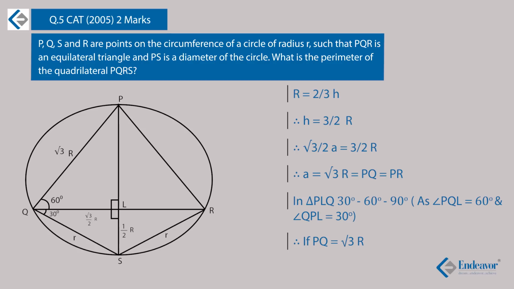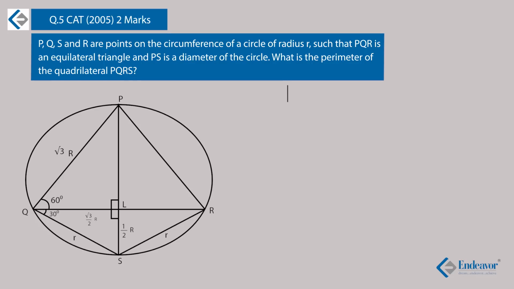We know that in a 30, 60, 90 triangle, the sides are in the ratio of 1:√3:2, and as PQ is √3r, therefore QL will become √3r/2. Because QL is √3r/2, now I can come to triangle QLS, which in fact is also a 30, 60, 90 triangle, giving me the length of QS as r.